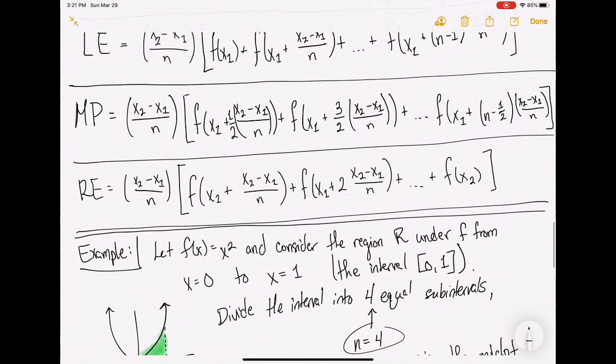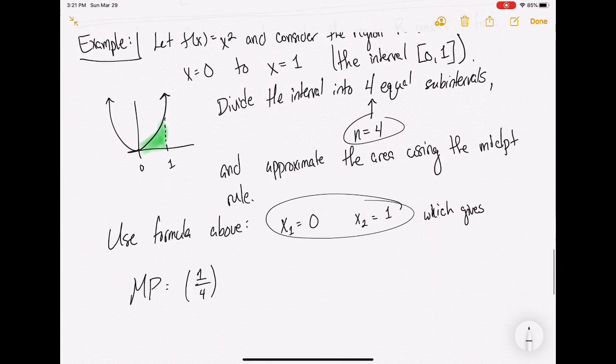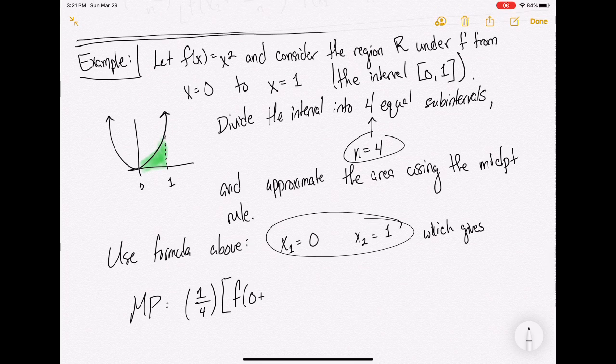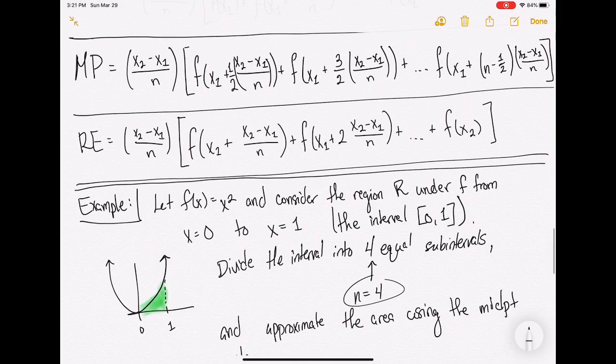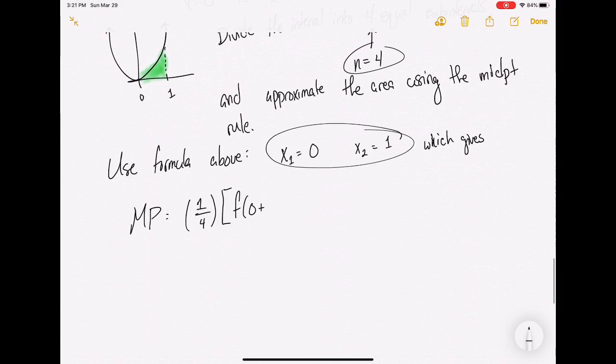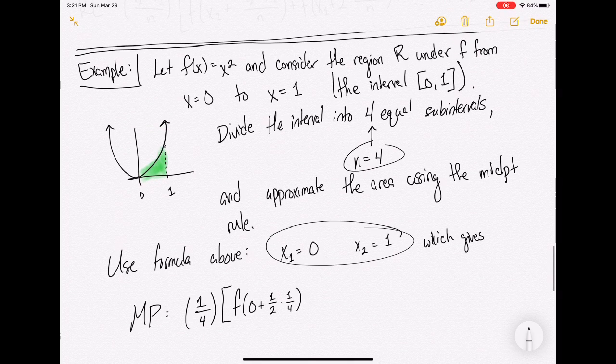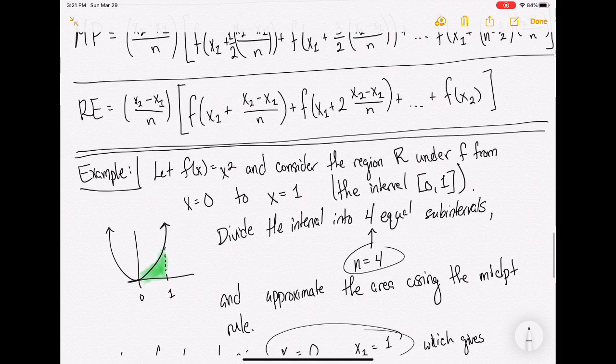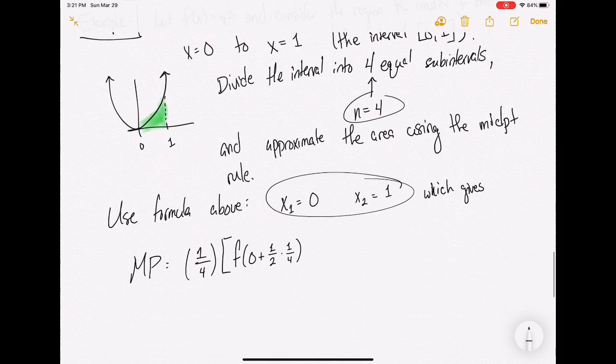1 minus 0 over 4. And then I have f. We'll do this in 2 steps. f of x1, which is 0, plus x2 over x1, is 1 minus 0 over 4 again. But there was actually a 1/2 out front. So this is 1/2 times 1/4. And then I look back up and I see the next term is 3/2 times that.